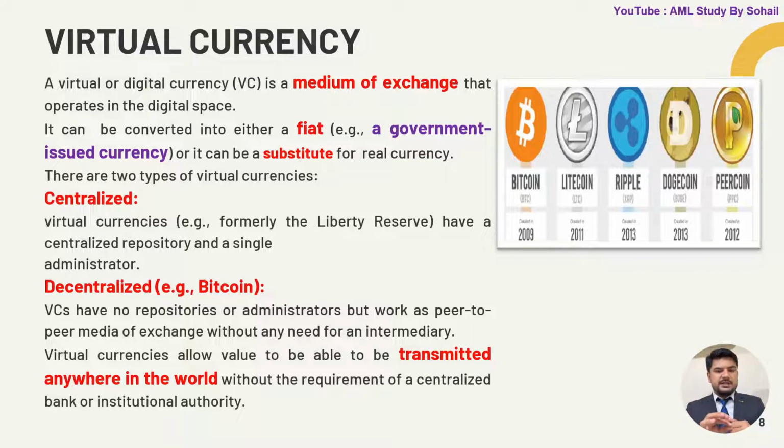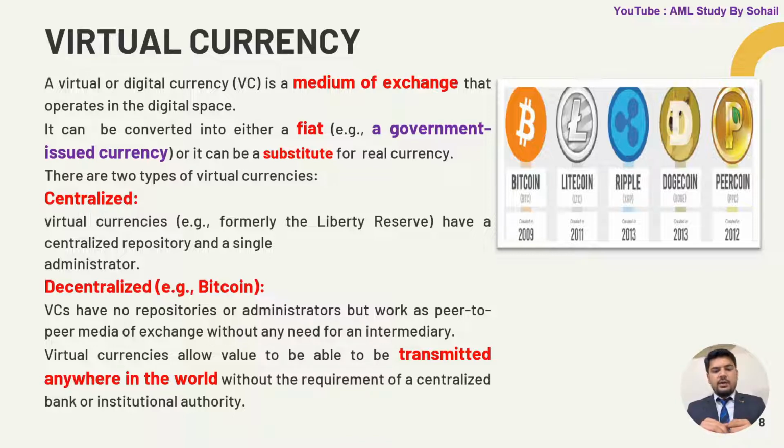Centralized virtual currency, formerly Liberty Reserve, has a centralized repository and a single administrator. But if we are talking about a decentralized one, like Bitcoin, the virtual currency has no repository or administrator, but works as a peer-to-peer medium of exchange without any need for intermediaries.